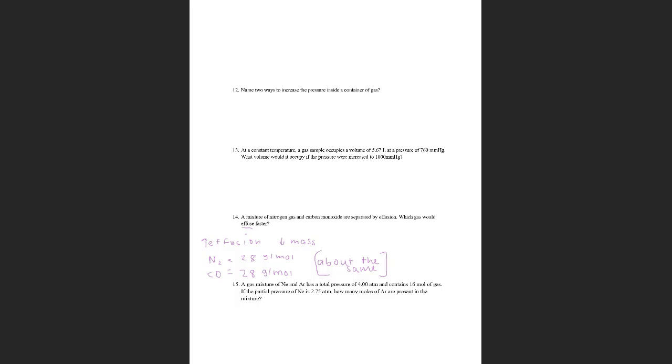Okay, so last question, we have 15. It says a gas mixture of neon and argon has a total pressure of 4 atm and contains 16 moles of gas. If the partial pressure of neon is 2.75 atm, how many moles of argon are present in the mixture?